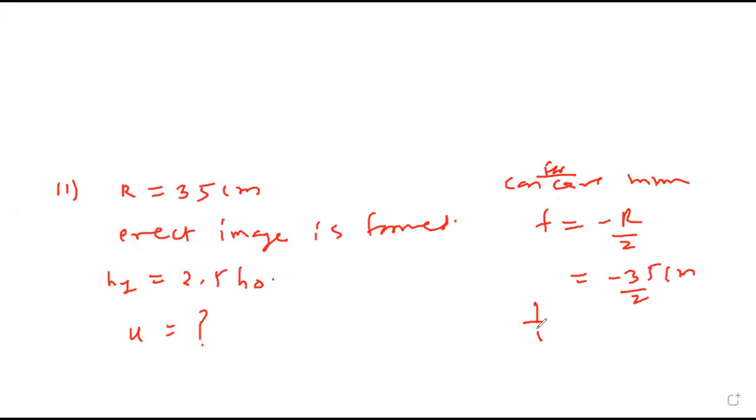So from this, 1 upon v plus 1 upon u equals 1 upon f by the mirror formula. The height of the image to the height of the object is also given, so from here v equals 2.5 times u. So 2.5 u, but it will be negative because it is on the left hand side.